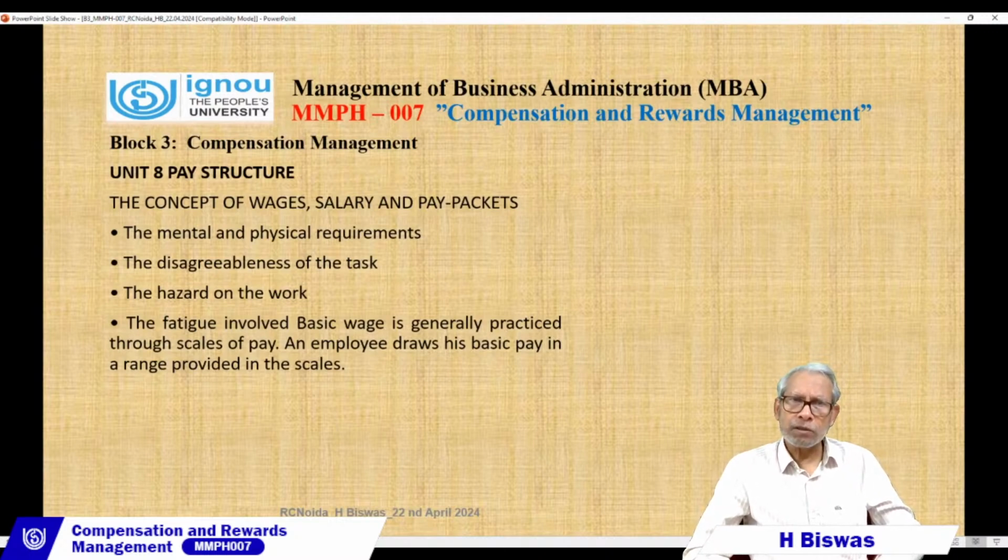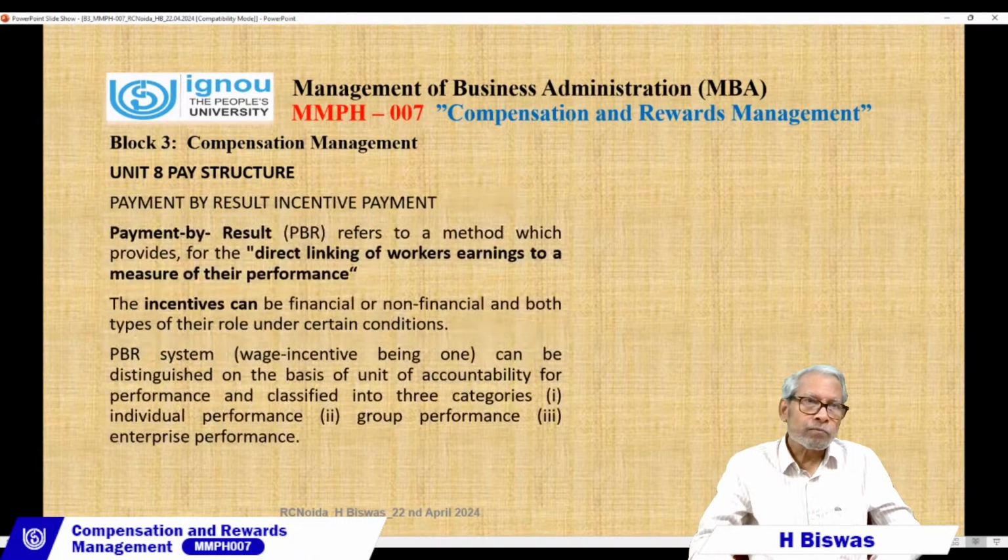Mental and physical requirements, the disagreeableness of the duties, hazard in the work, because if some hazard is there, then you cannot expect good jobs. Fatigue involved. The basic wage is generally practiced through a scale of pay. An employee draws his basic pay in a range provided in the scales. So this much is there.